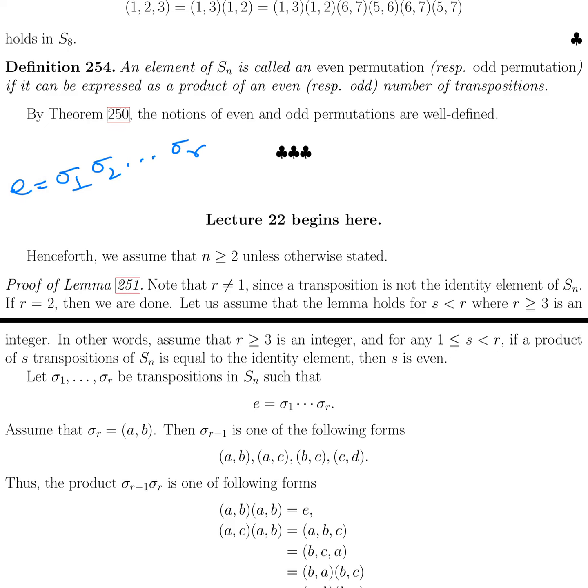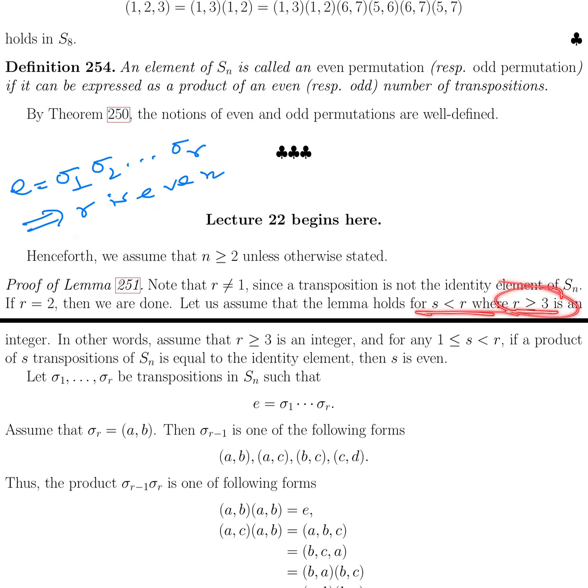That's not the case. Now if R is 2, then we are done, because we have been asked to show that R is even. So we could assume that R is at least 3.